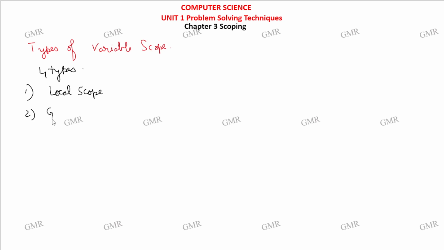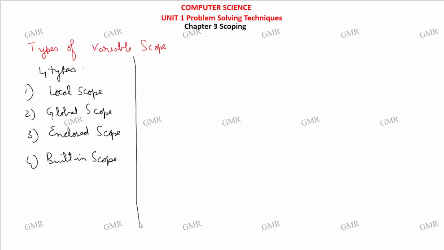Second, global scope. Third, enclosed scope. And the last one is built-in scope. So first we can see about local scope.